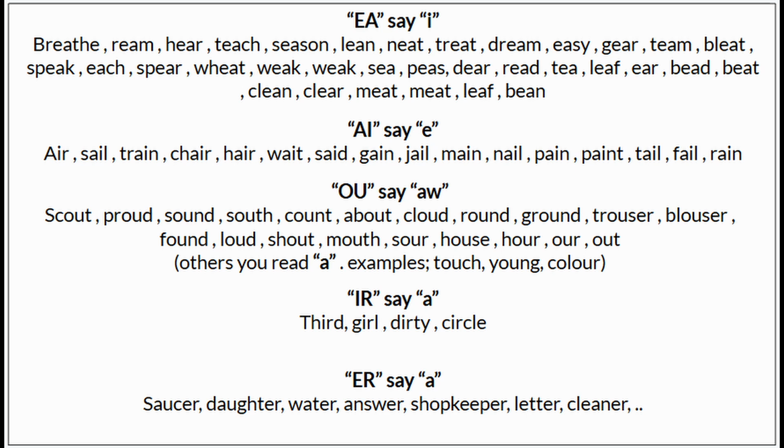So also when you see I with R together, you say uh. Example, third, girl, dirty, circle, because I stands with R. So circle, we read it uh.